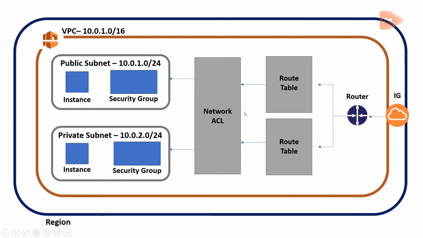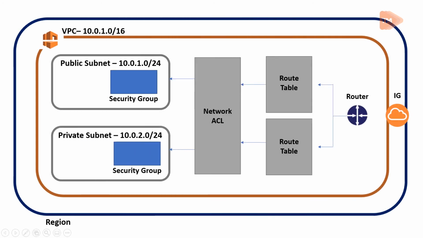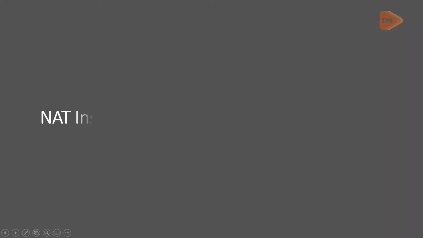There will be a network ACL which will allow the connections to the public and the private subnets, and you have security groups within those subnets which apply to particular instances. If you want particular rules for particular instances, that will be handled by the security group. So this is how we are going to do it. I'm just skipping this for now.